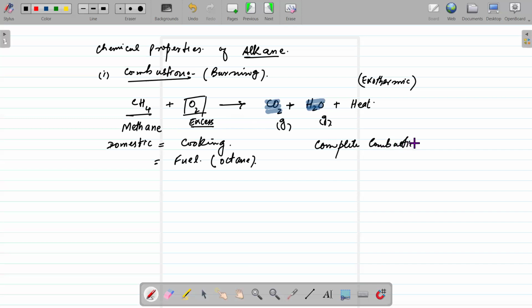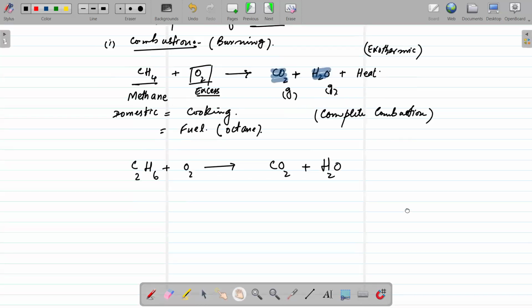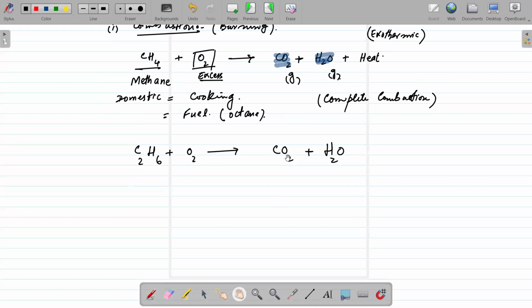So complete combustion of these alkanes will always give us carbon dioxide and water. For example, if I use ethane, C2H6, and react it with O2, that will give us carbon dioxide and water. Definitely an exothermic reaction. But mostly they will ask to balance this equation.